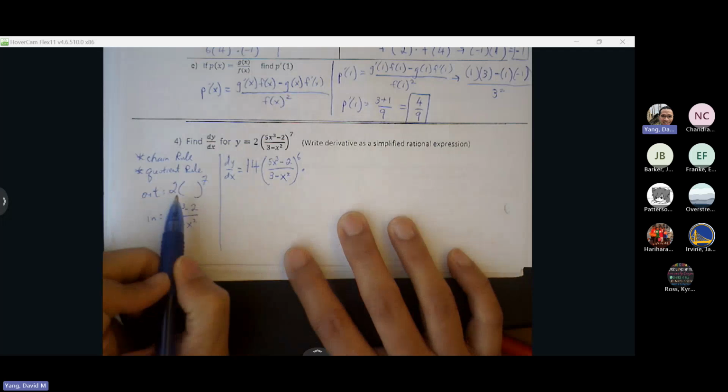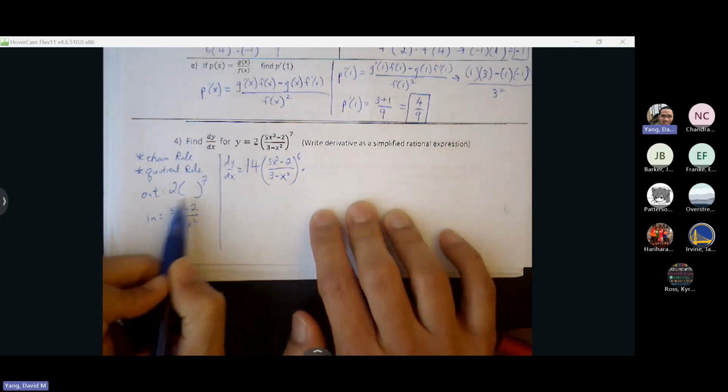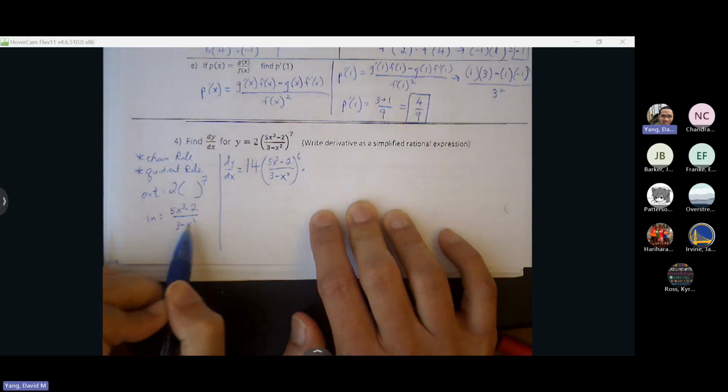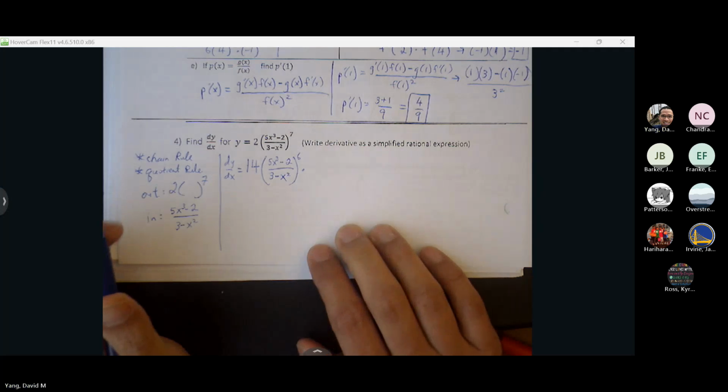Okay, now we're done with the outside's derivative. We're ready for the inside. The inside is where we're going to have to apply quotient rule.